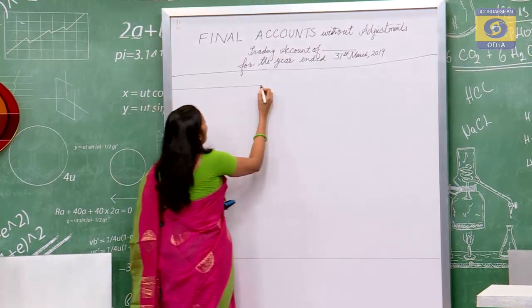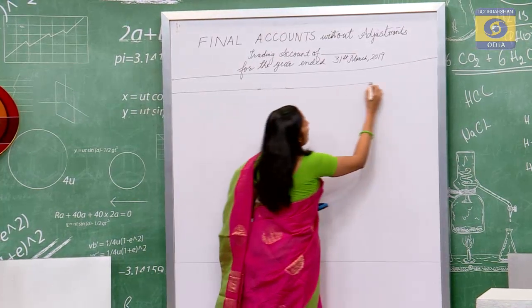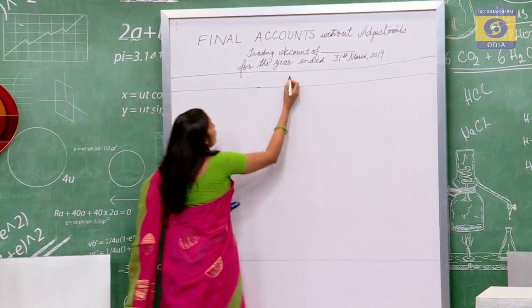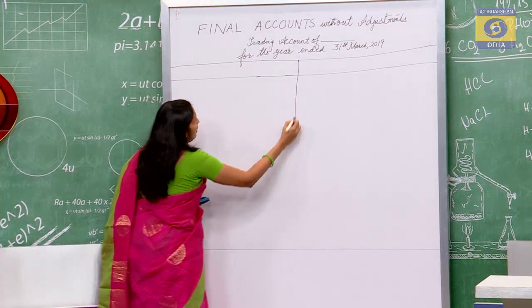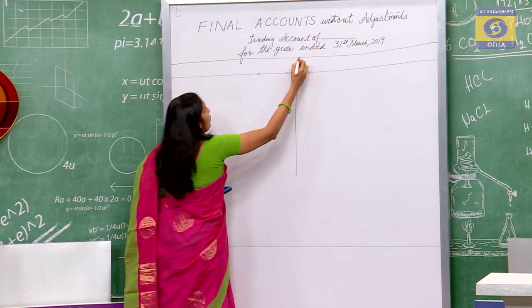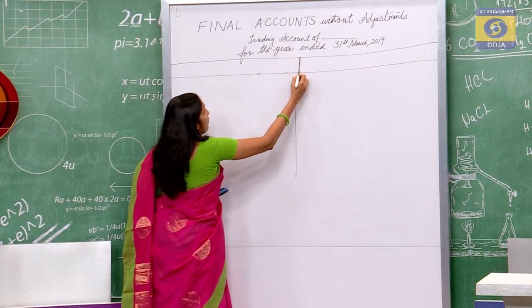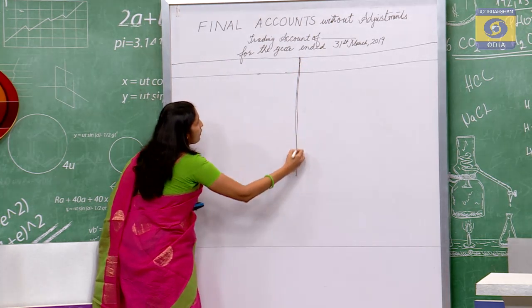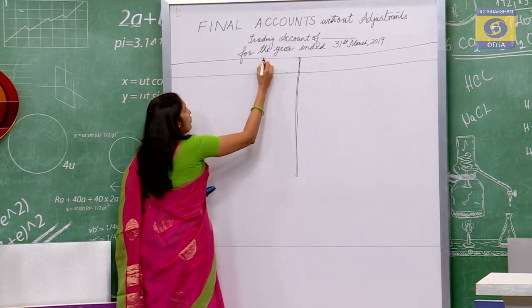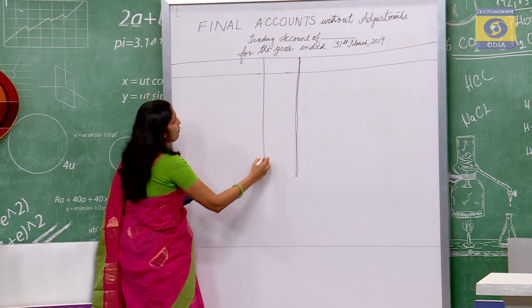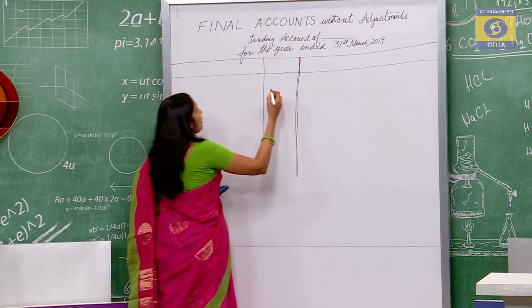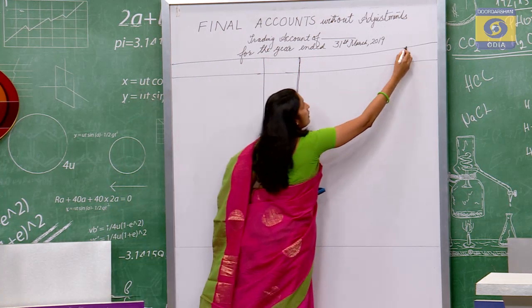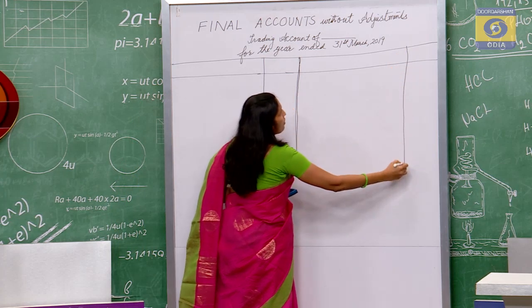Now, we will prepare the format of the trading account. It is the same as that of the account, as I already said. So, you prepare columns. For a better visibility, we can have a double line segmentation for the debit and credit. If you want, students, you can have two columns, one for the internal calculation, one for the external calculation for the amount.